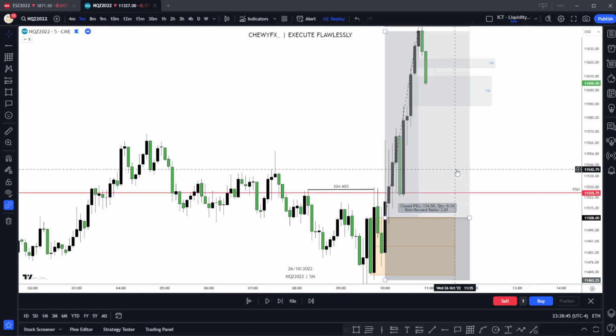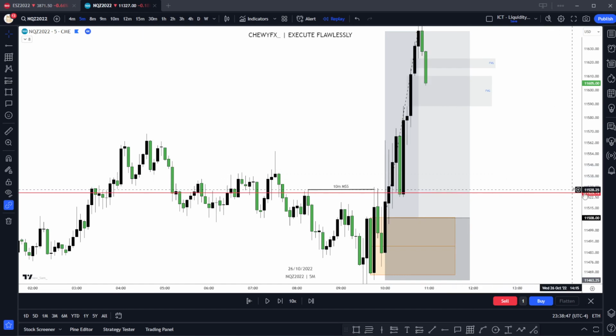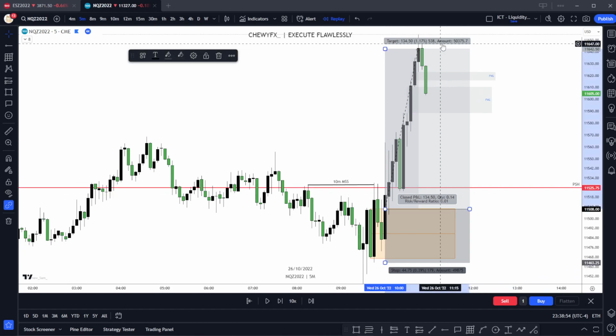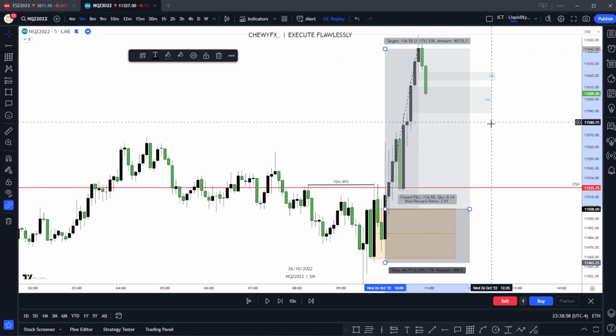Honestly, this is like a 1 in a million situation where we have a stop loss of this size. Do you see what the take profit here is? 538 ticks. Okay, that's huge, right? You don't see markets move that much.